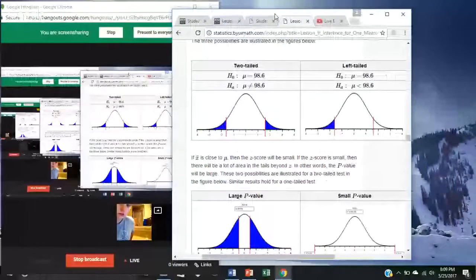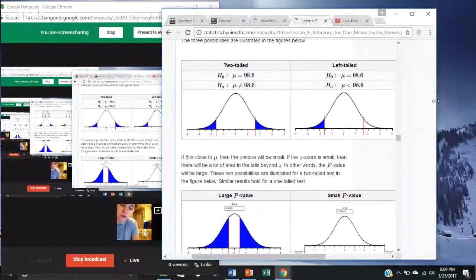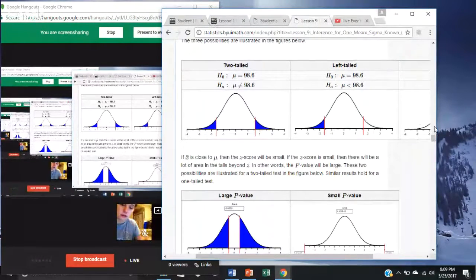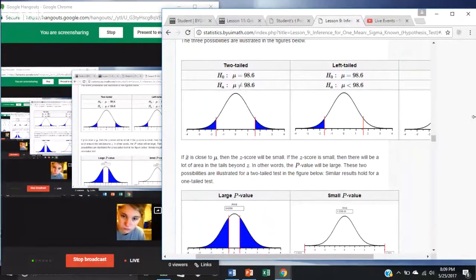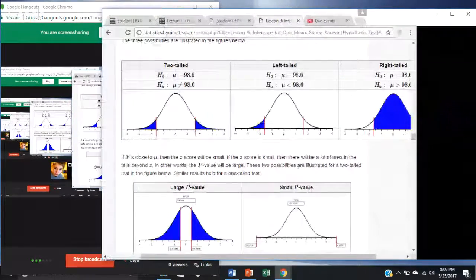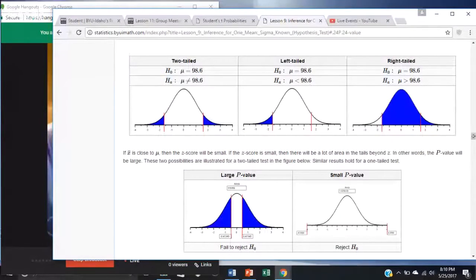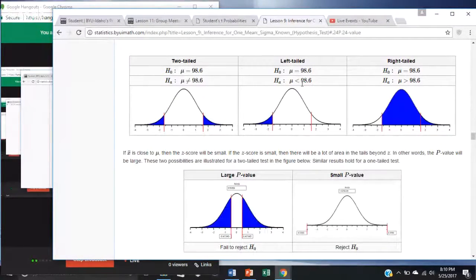Do you see this table? Oh, I see what you're saying. So you think we go according to the left-tailed. Yeah, because this is what our hypotheses are doing right now. So I think we only shade right there.